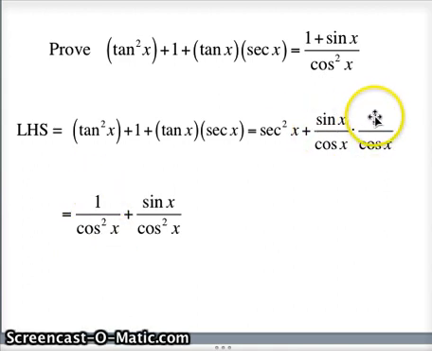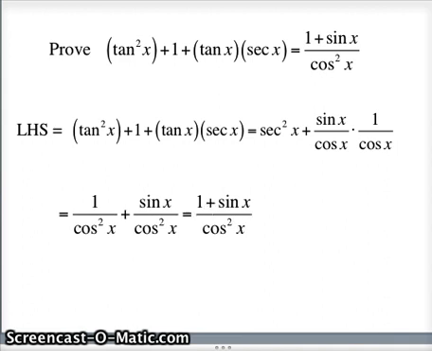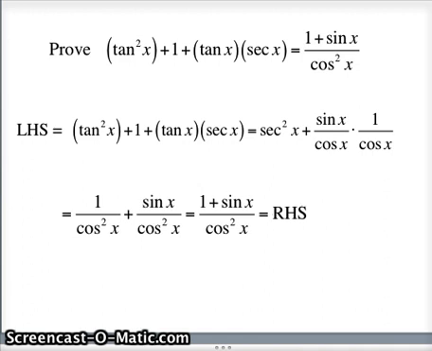Multiplying this fraction, sine x times 1 is sine x, cos x times cos x is cos squared x. So now you'll notice we have a common denominator. The common denominator is cosine squared x. And I have 1 plus sine x over cos squared x, which is the right-hand side. Starting with the left-hand side, this value equals, equals, equals the right-hand side, and we have proven the identity.